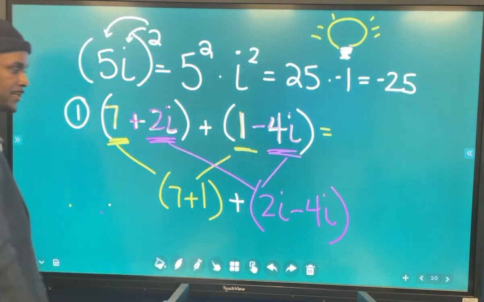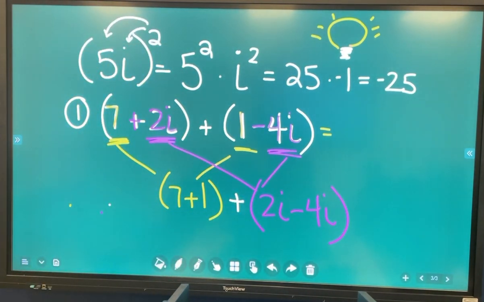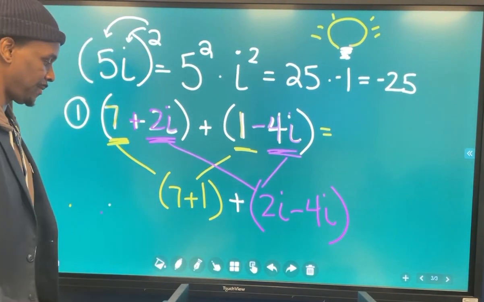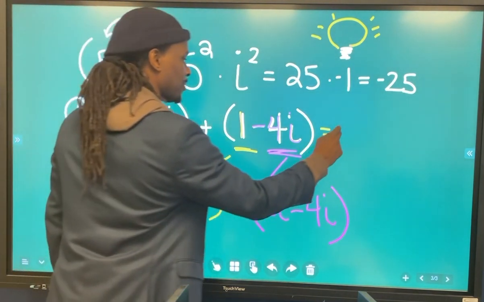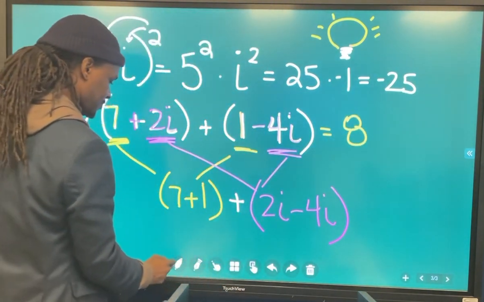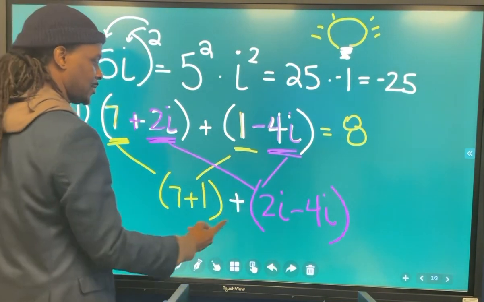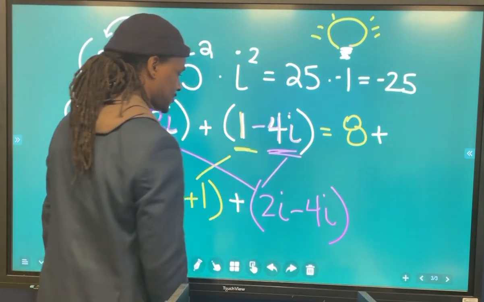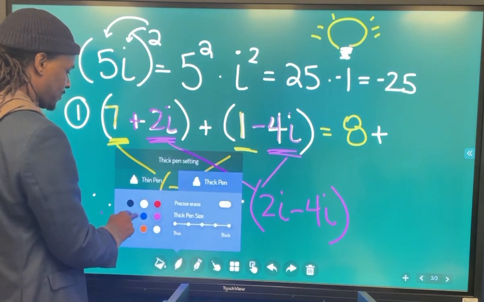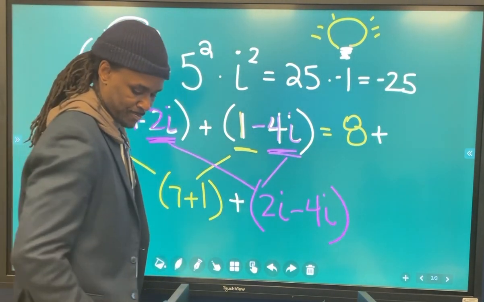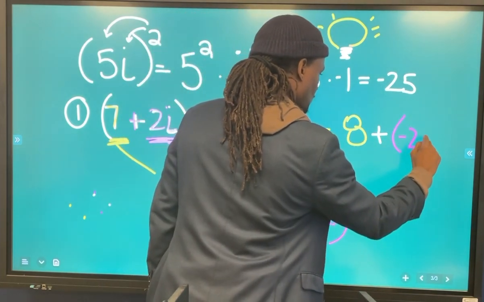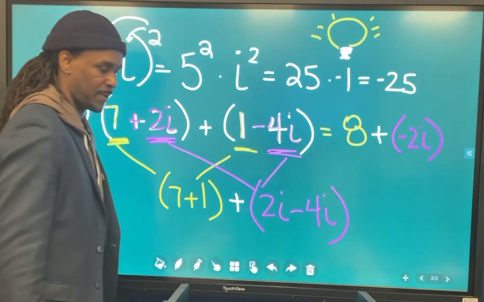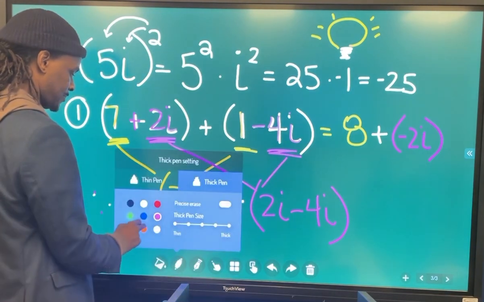Those two go here. Do you see that? So what should my answer be? 7 and 1 make 8. And then 2i minus 4i makes negative 2i. Hopefully that shows up on the screen.